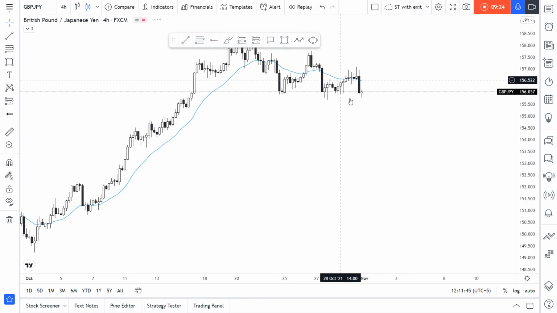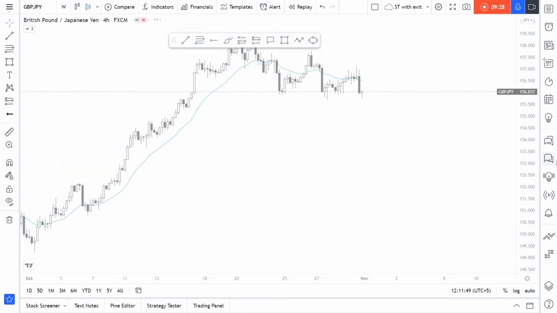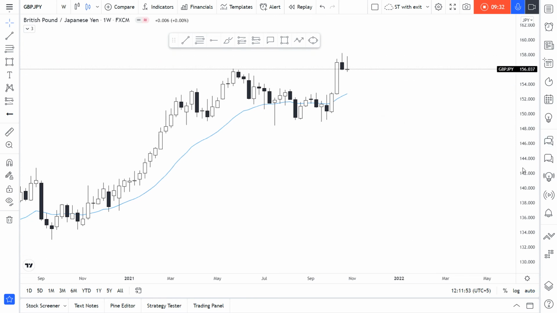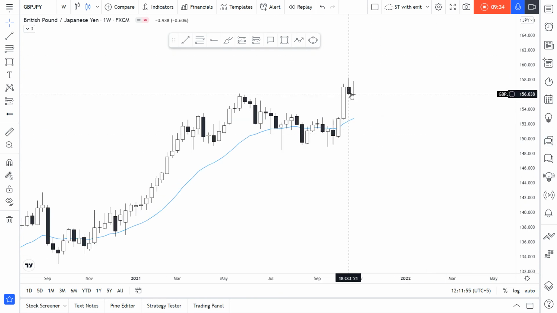Talking about the GBP JPY, let's move to the weekly time frame. This is like the price made a falling star pattern.